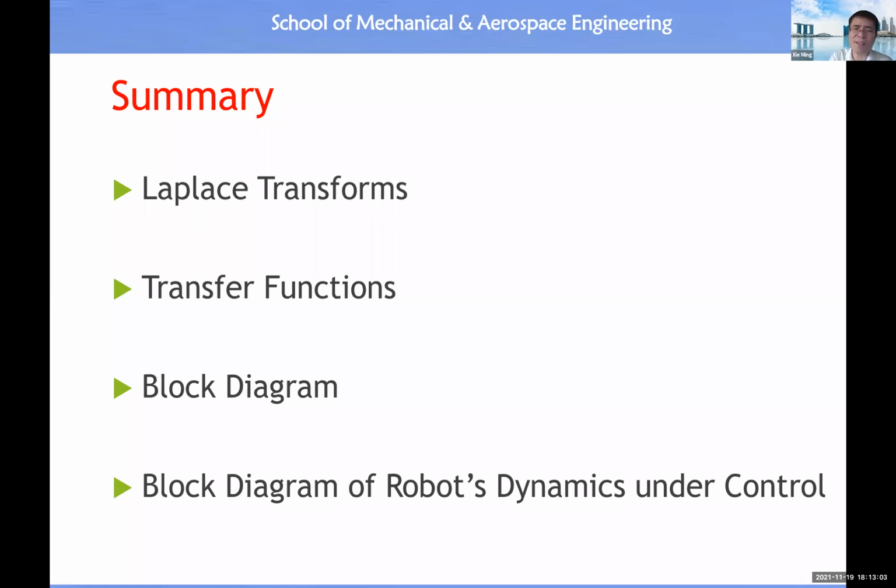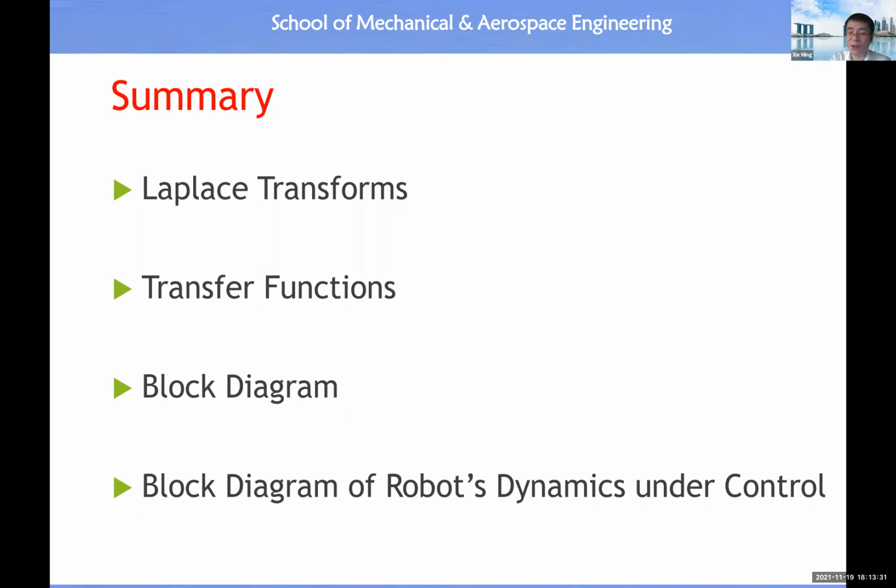One is to have this definition of a transfer function, and the second one is the ability to make use of a transfer function to draw the inner structure of a system under control. Then the last key takeaway from today's lecture is to apply the concept of block diagram to visualize the inner control structure of a robotic arm.